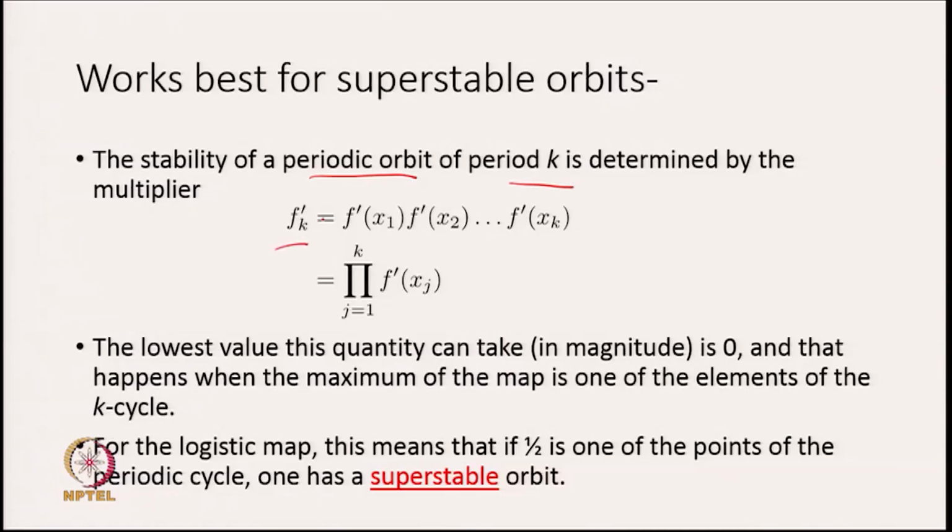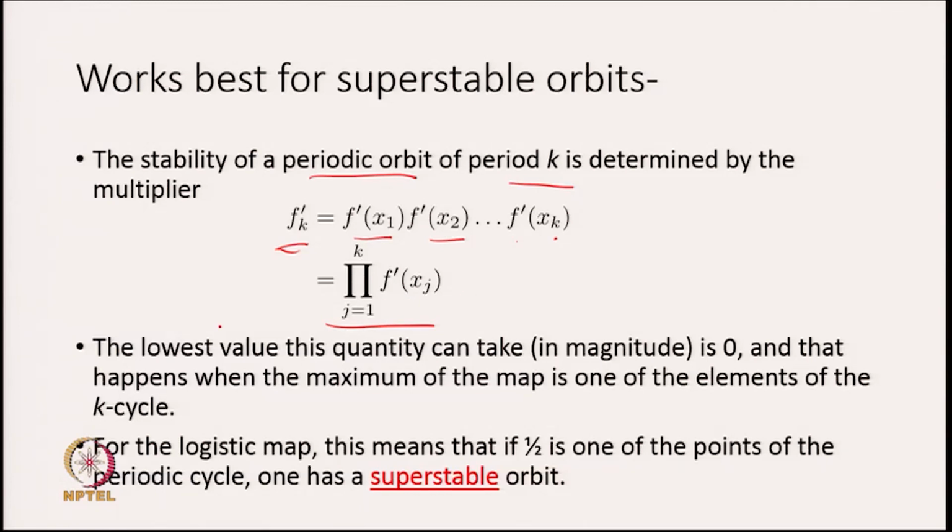F prime k is just f prime of x1, f prime of x2 all the way up till f prime of xk, because the periodic orbit itself is x1, x2 all the way up till xk, and then repeating over again. So, this multiplier over here is just the product of the slope of the function at all the points on the period.